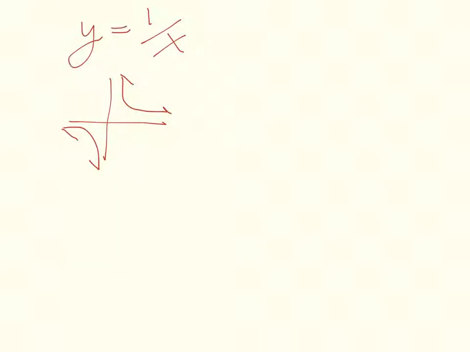And so I put these ends like this rather than being an arrow because there is an asymptote here. An asymptote is a line that the function is going to approach infinitely but never actually reach. So this function will continue on and get infinitely closer to this axis, but it will never actually touch it. And you signify that with the little half arrow.